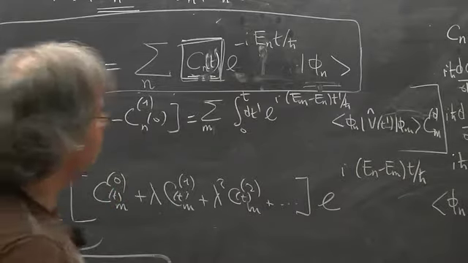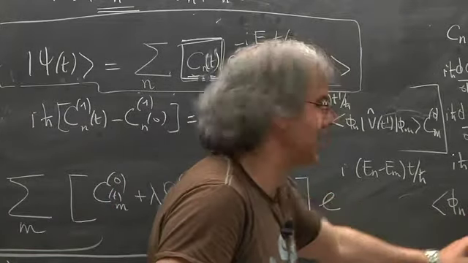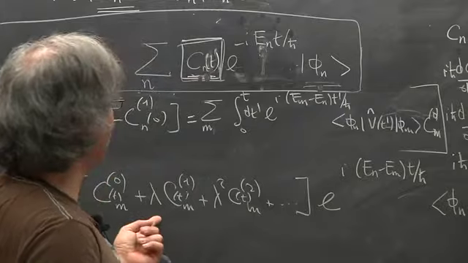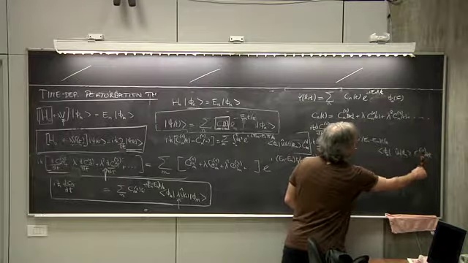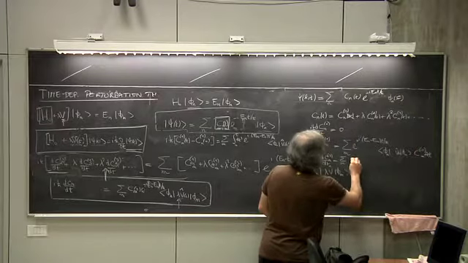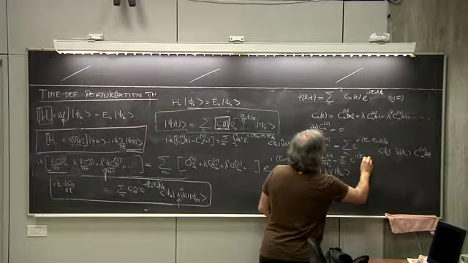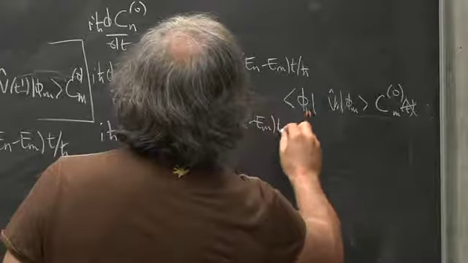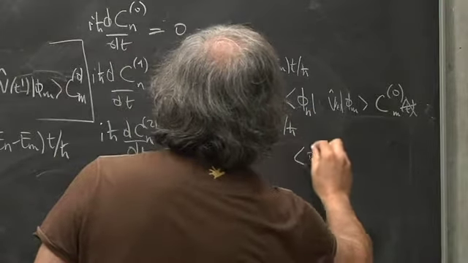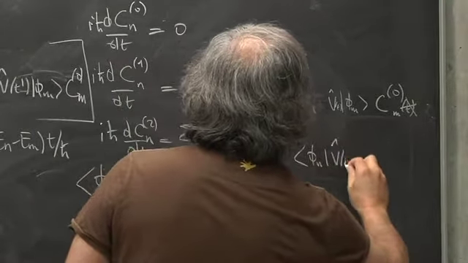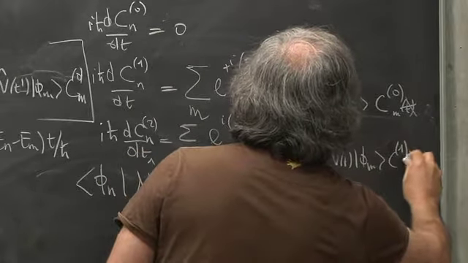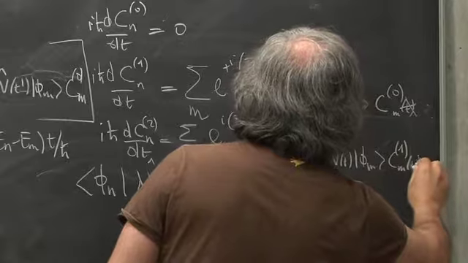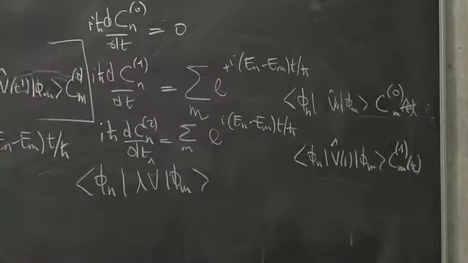One order is eaten by this, and therefore I can just have C1. So you see, it's a very similar equation with C1 in place of C0: e to the i (E_n minus E_m) t over h bar phi n v of t phi m C1 m. Now in general depending on t, because C1 depends on t in general, C0 not.